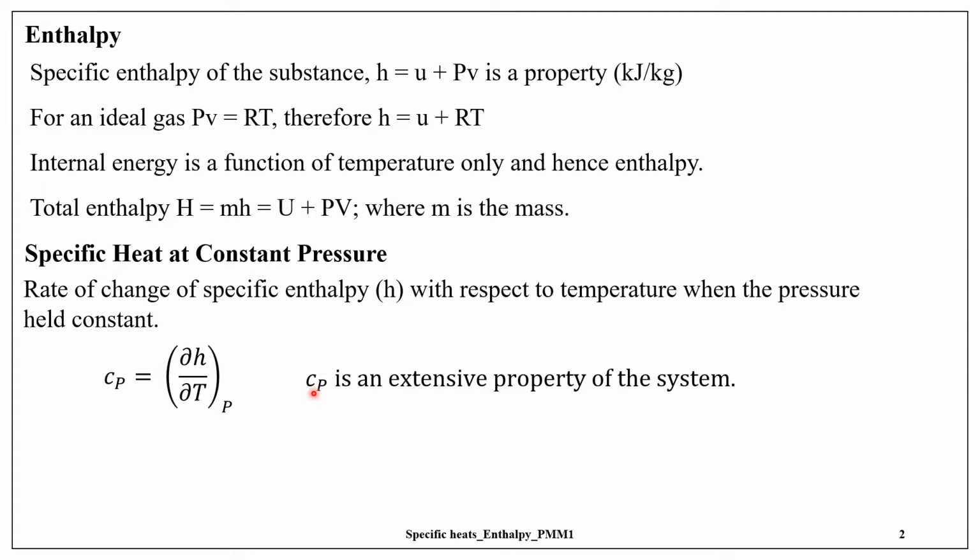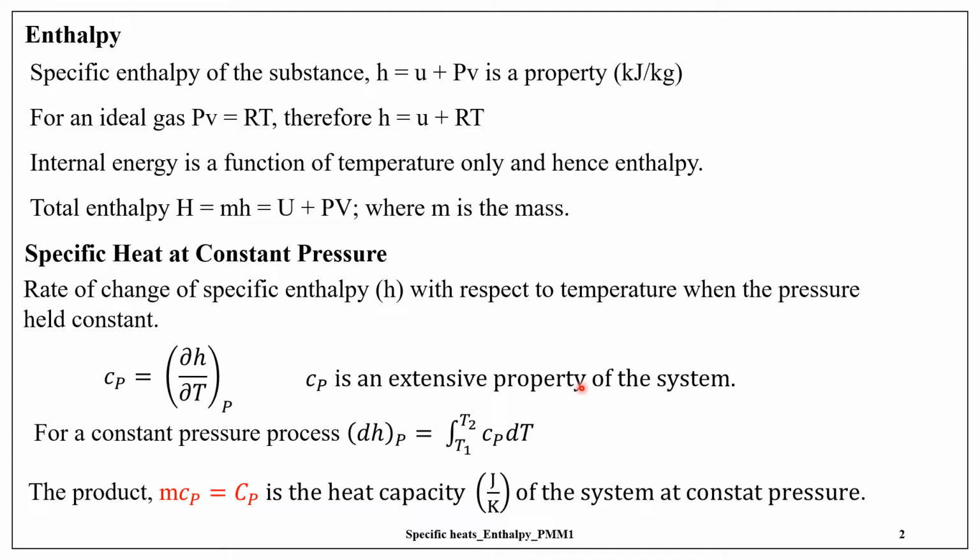So Cp, the specific heat at constant pressure, is an intensive property of the system. This definition of specific heat at constant pressure can be rewritten in differential form like this. So dh at constant pressure is equal to the integral of Cp dT, and the limits of integration are T1, T2.